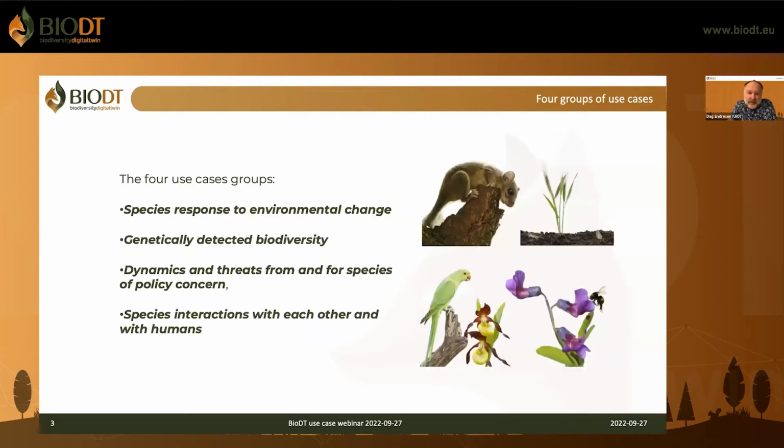The use cases are divided into 4 groups, and we'll hear from some of these groups today. So it is the species response to environmental change, the genetically detected biodiversity, dynamics and threats from and for species of policy concern, and species interactions with each other and with humans.